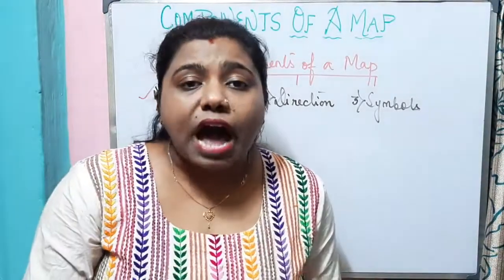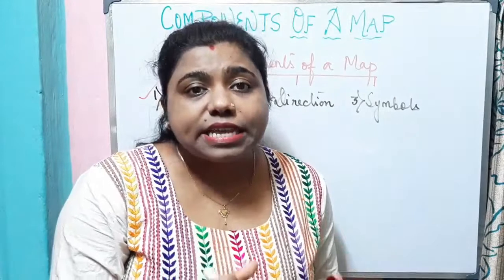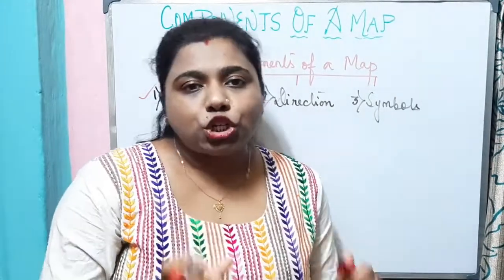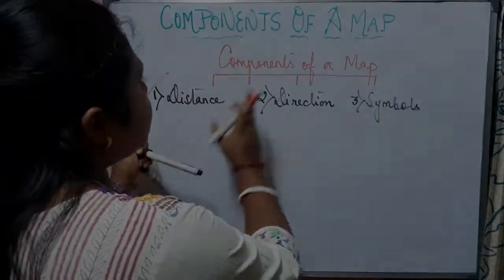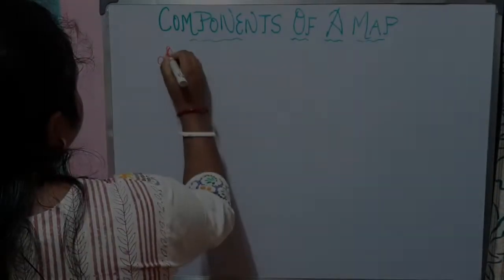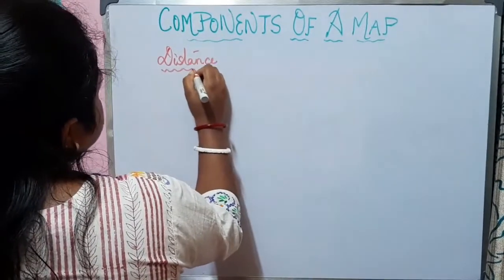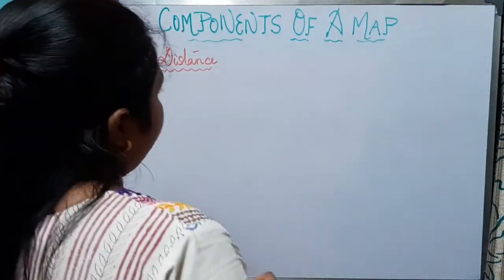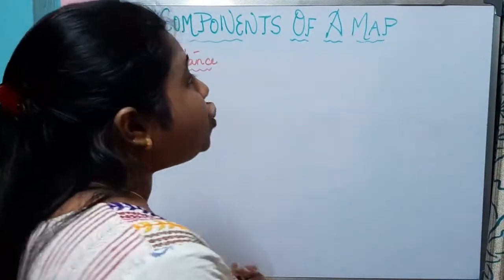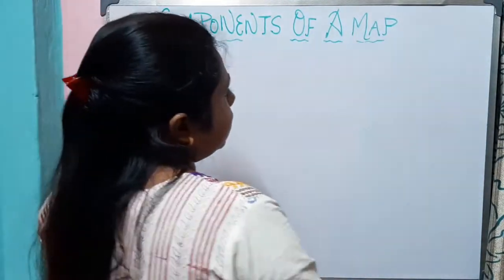Now let us know how the distance between two places is shown in a map. So today we will know about distance, that is a component of a map. Now, what do you mean by distance?